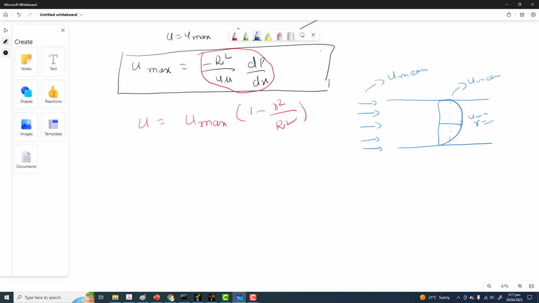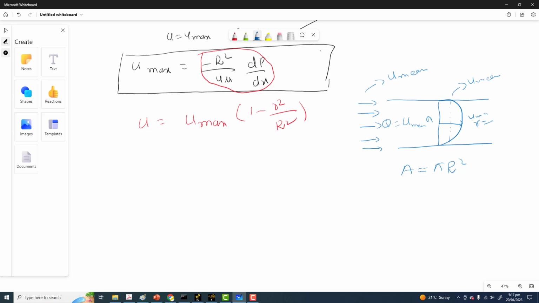Now if you take a look here, you know that the flow rate Q will be equal to u average or u mean into area. For the full pipe, the area would be equal to pi r square.